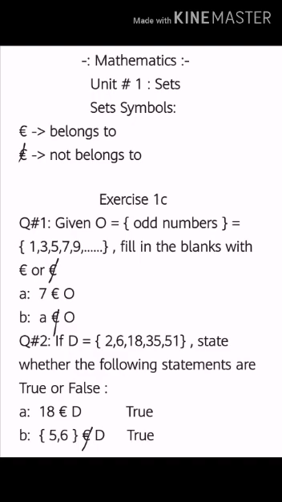The first one we have is 7 dash O. Now we will see whether 7 is present in the set O or not. The 7 is present in the set O, so here comes the symbol of belongs to.